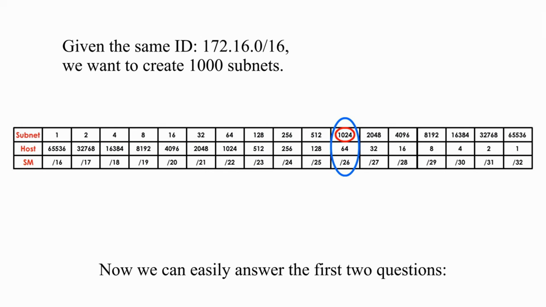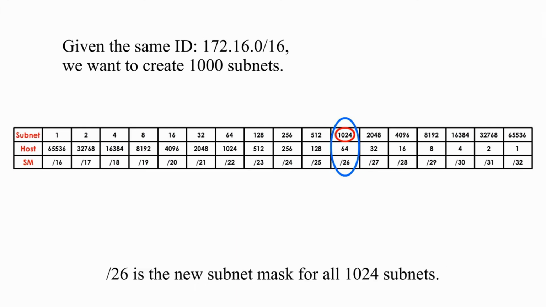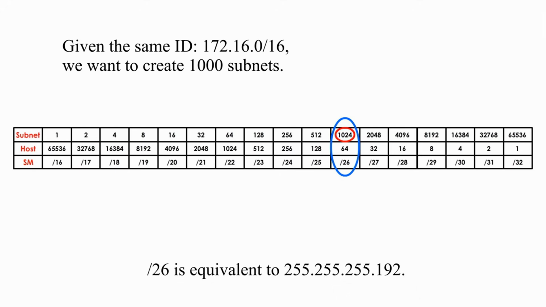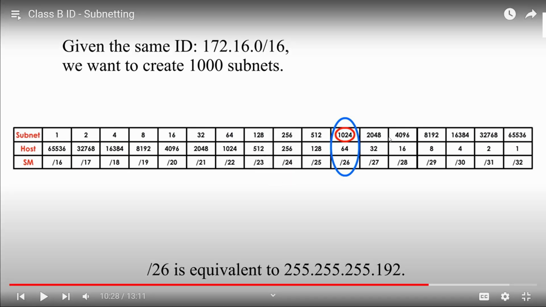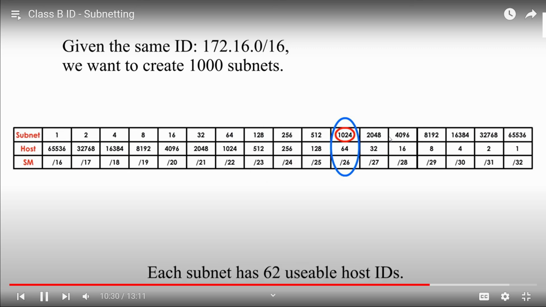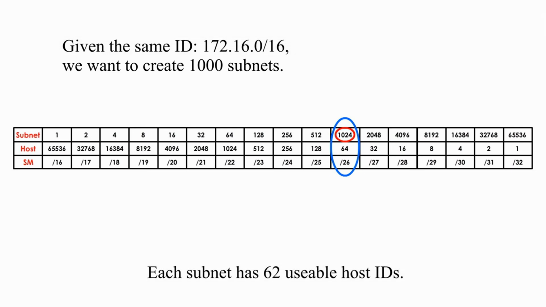Now we can easily answer the first two questions. /26 is the new subnet mask for all 1024 subnets. /26 is equivalent to 255.255.255.192. Each subnet has 62 usable host IDs.